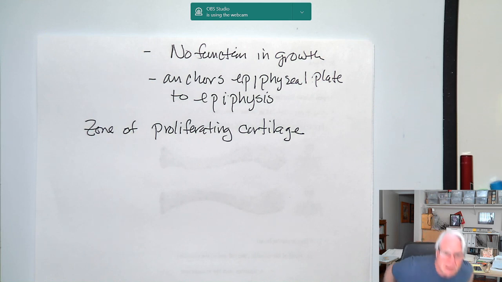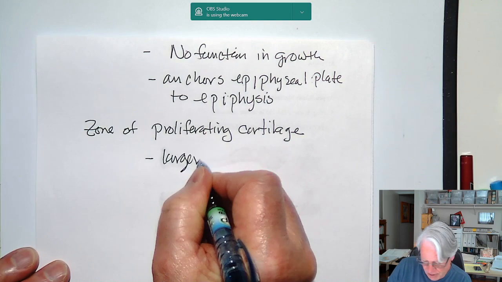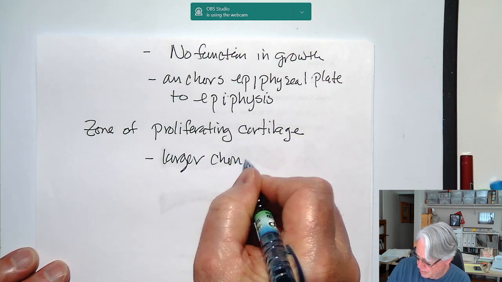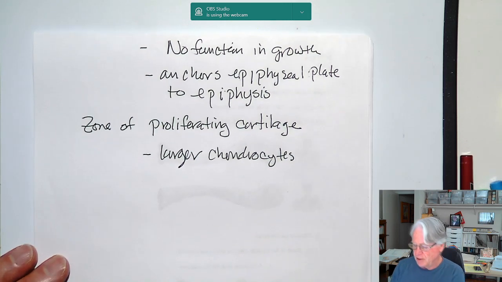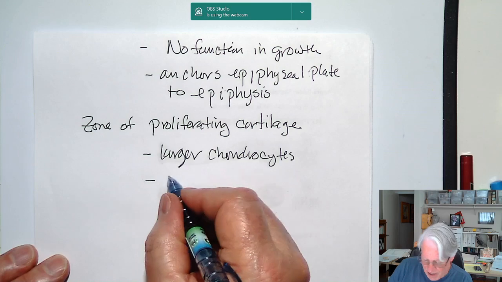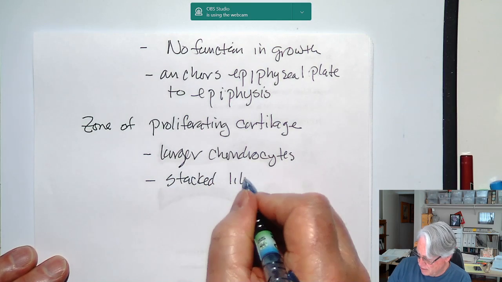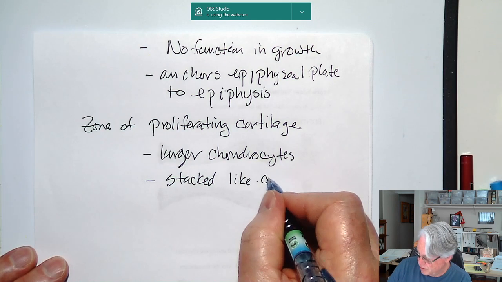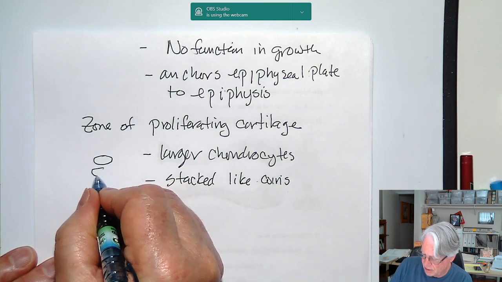So the zone of proliferating cartilage. And here we have larger chondrocytes. That is to say, larger than what we saw in the zone of resting cartilage. Okay. And they are stacked like coins. Okay. So we get this effect here.